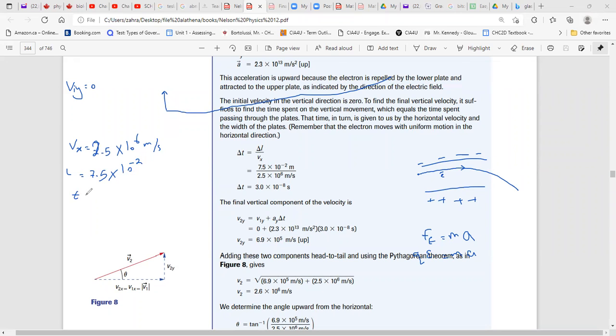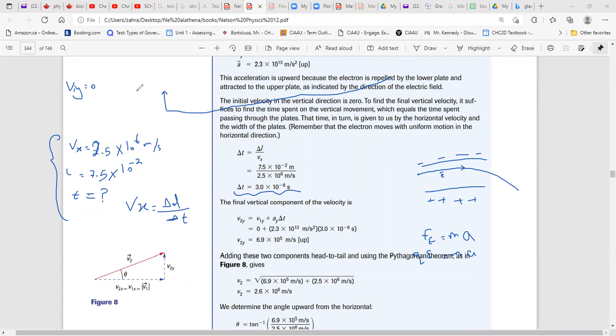We can find the time here using the velocity is delta d over t. So here you can find the time. Make sure in the x direction you have constant velocity motion. The only equation you have is v in the x direction is delta d over time. So you can solve for time.